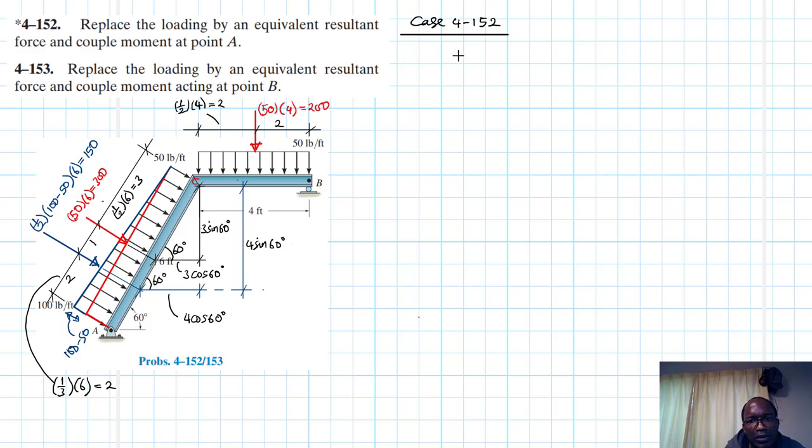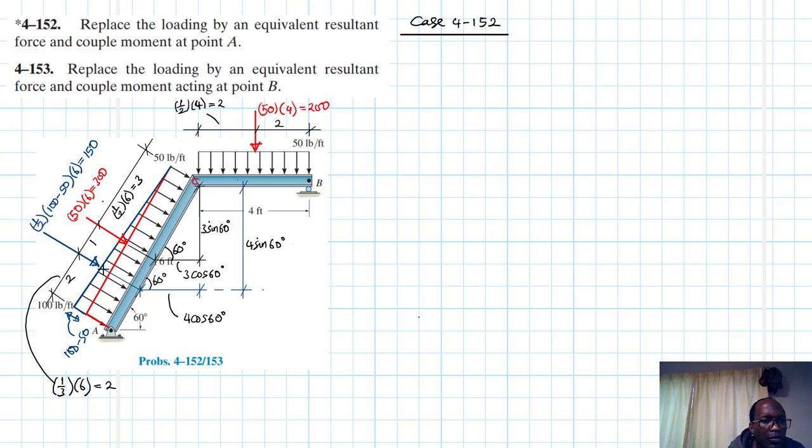Alright, so we start with the summation of forces. Mind you, we're going to have components here which I didn't indicate. It's a little bit cluttered, so I'll just indicate the angles.